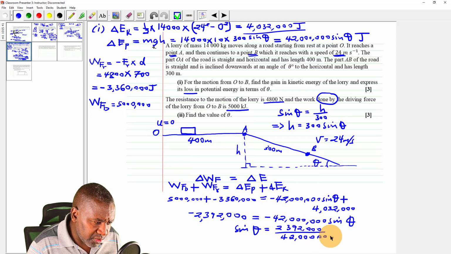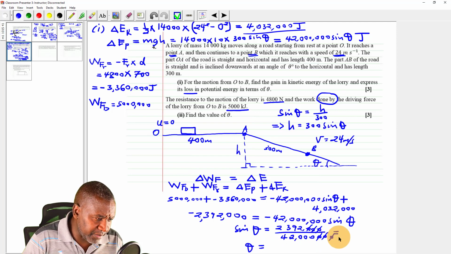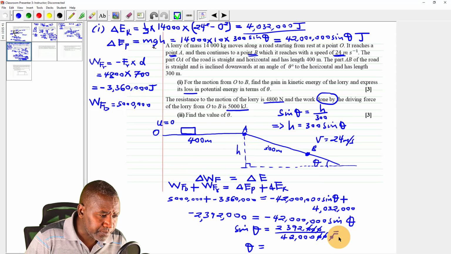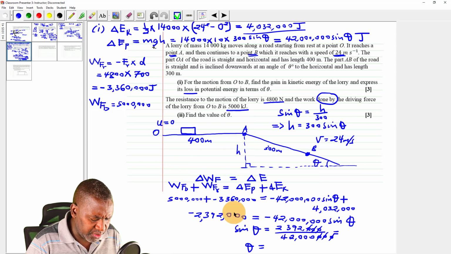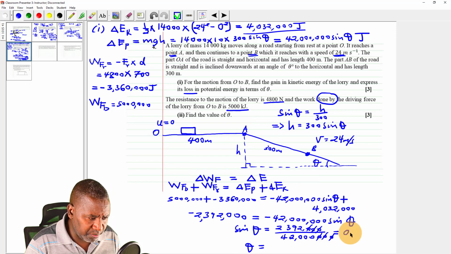So this one will give me 2,392 divided by 42,000, and I get 0.05695 recurring.